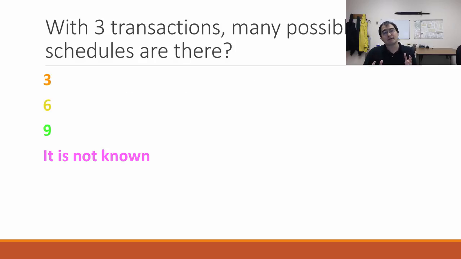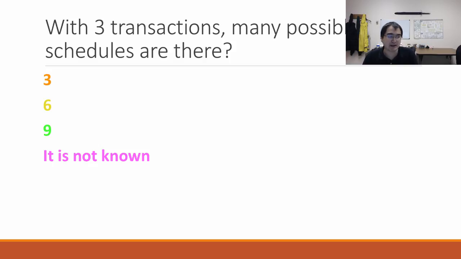So let's go to our first multiple choice question here. With 3 transactions, so in the previous examples there are only 2 transactions, how many possible serial schedules are there? So with 3 transactions, how many options do you have for your first transaction?